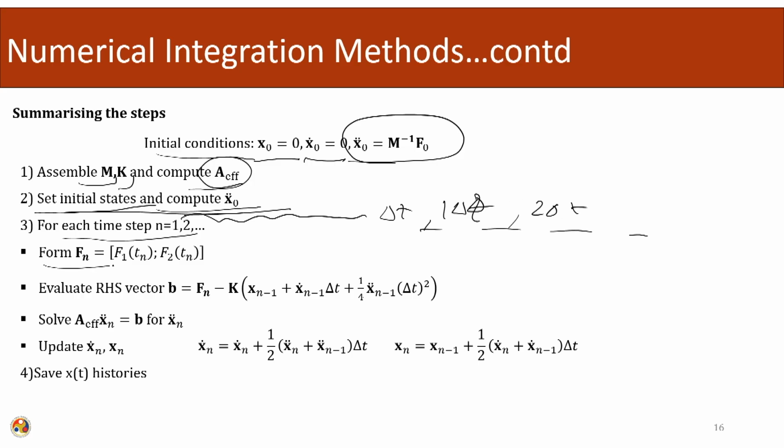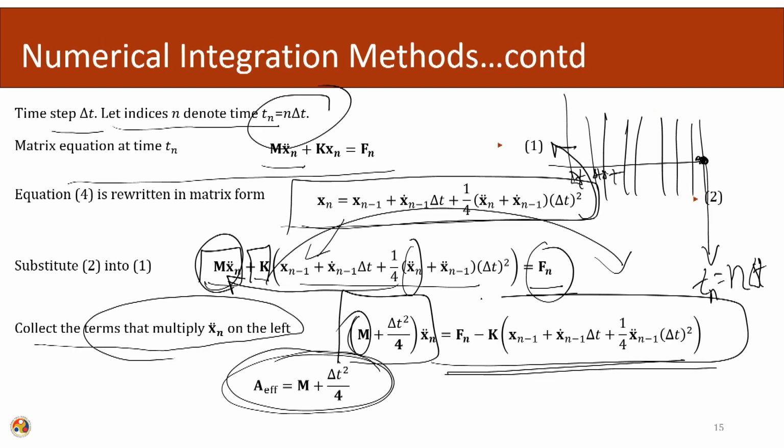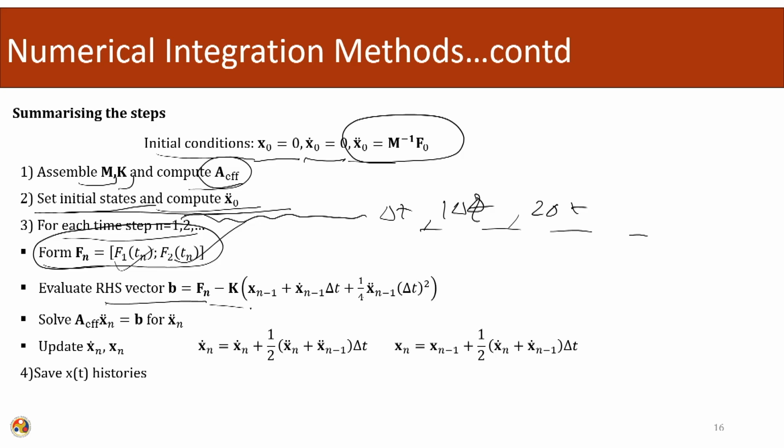Then we are calculating the values of the forcing function. As we march in time t, from the actual equation we are substituting the values of the forcing function. Now we are evaluating the right hand side vector. This is my right hand side vector, and solving for this we can calculate the values of b, and again we update the values of the accelerations and update the values of the velocity and the displacement.